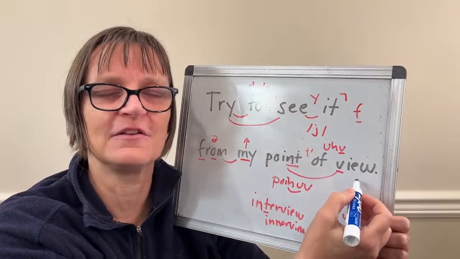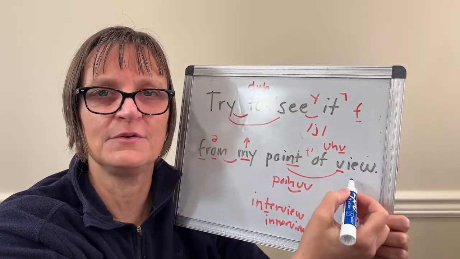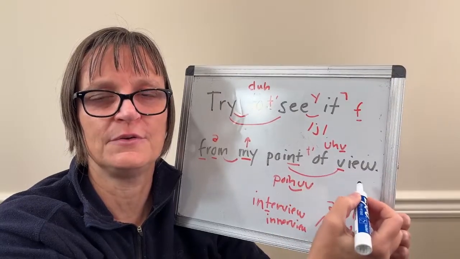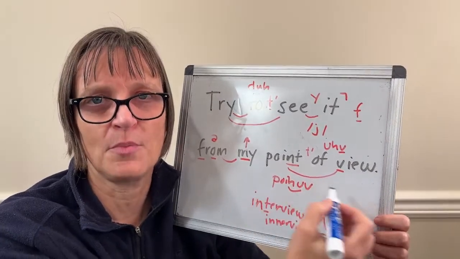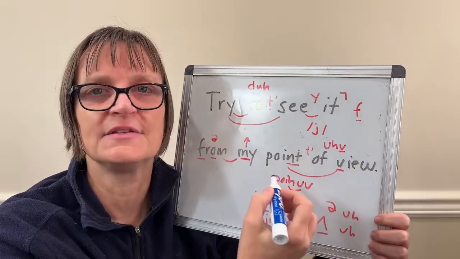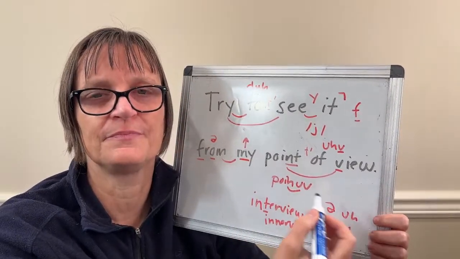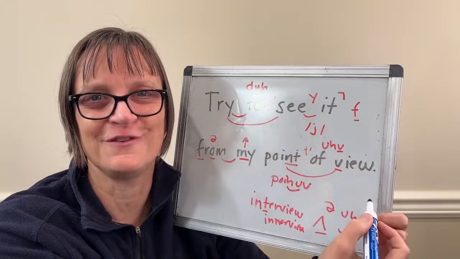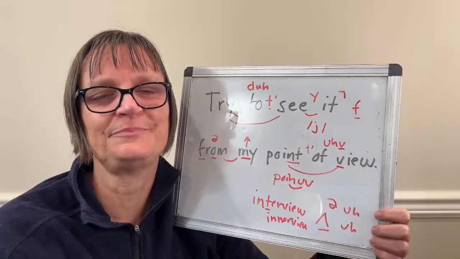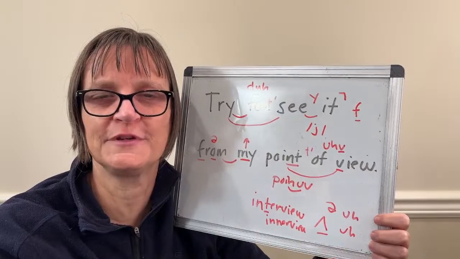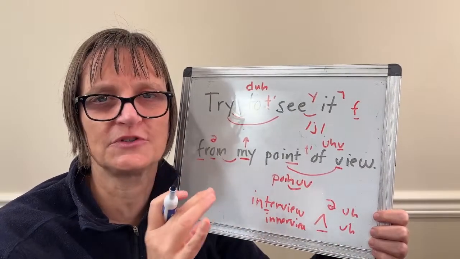View, a view, point of view, my point of view, from my point of view, see it from my point of view, to see it from my point of view, try to see it from my point of view. You can also say the whole thing fluently linked together, but take it more slowly.